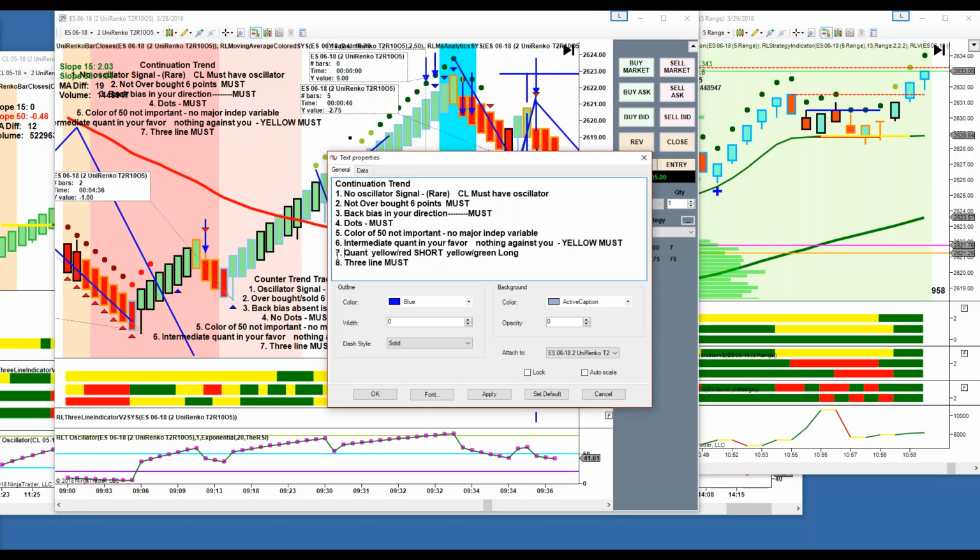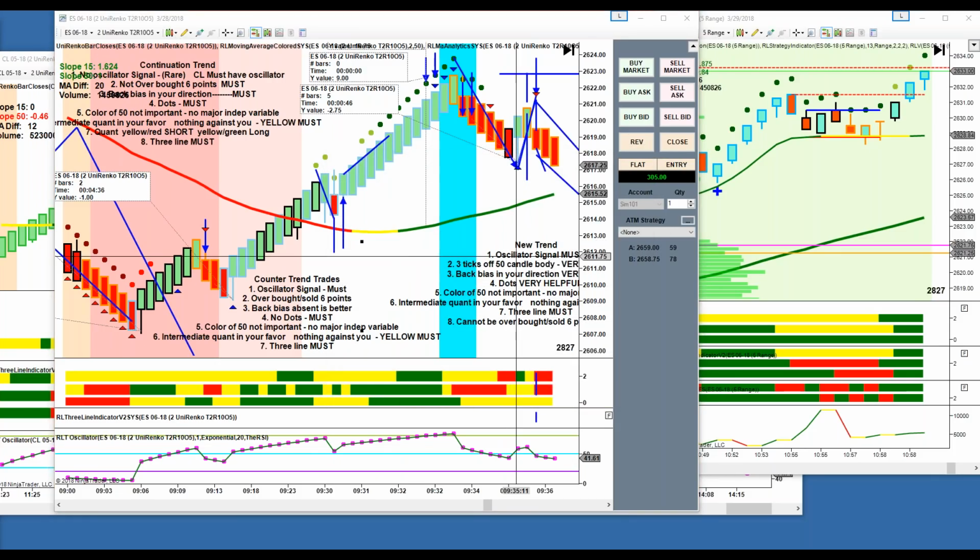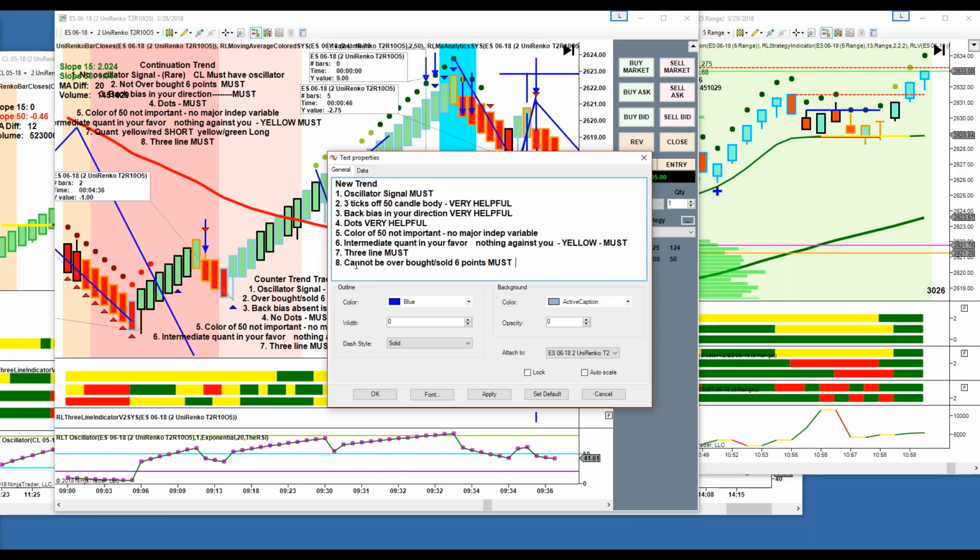And let me just copy this and paste it so I don't have to rewrite it for the others. Okay, and for the new trend, it's the same. It's the same thing. It's right here.